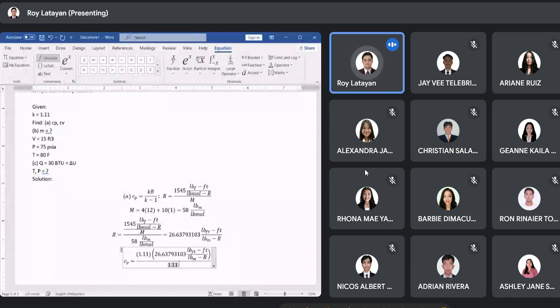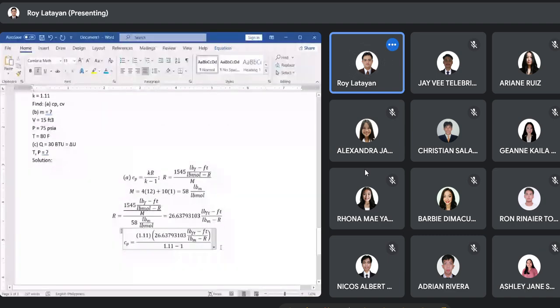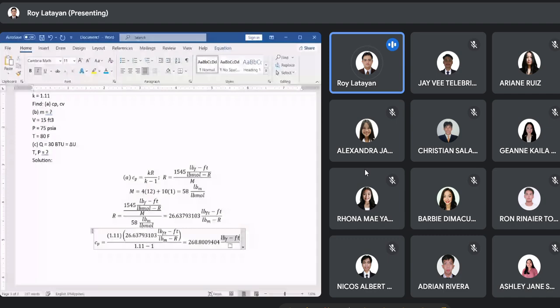So we have the value of this as 268.80009404 foot pound force divided by pound mass Rankine.